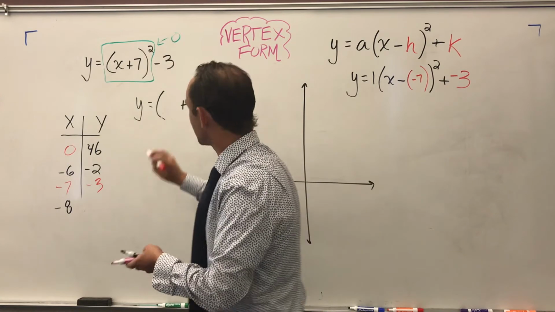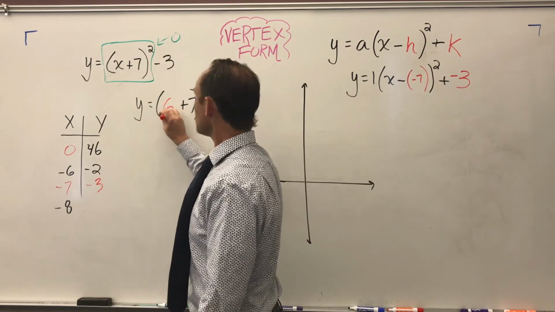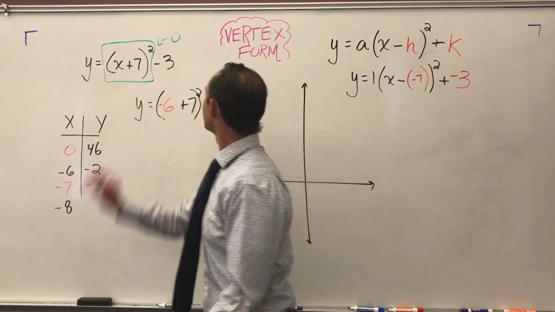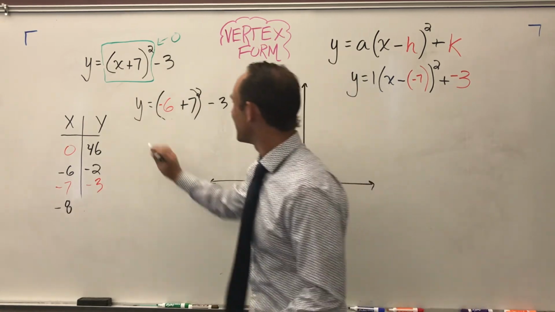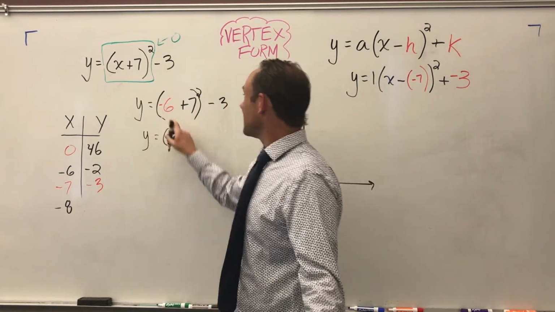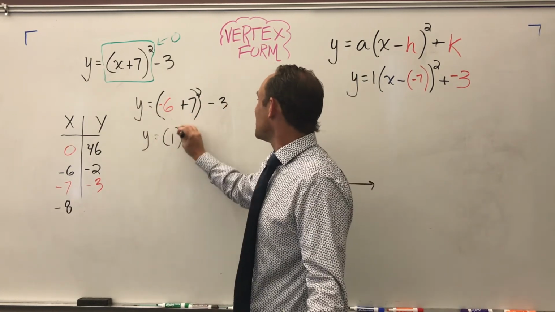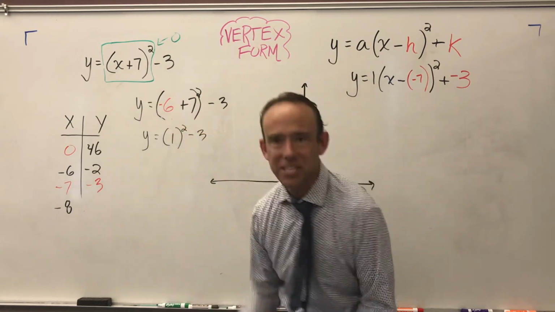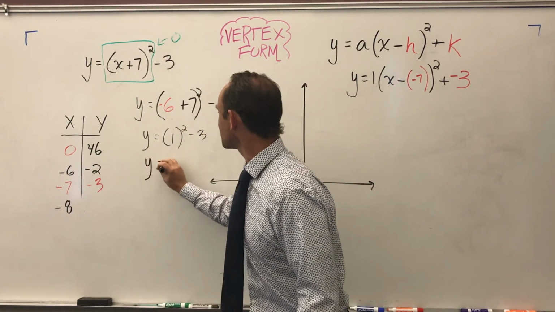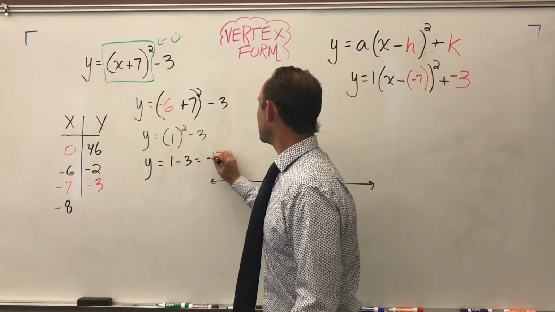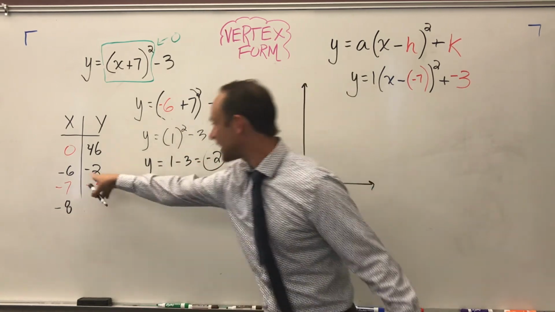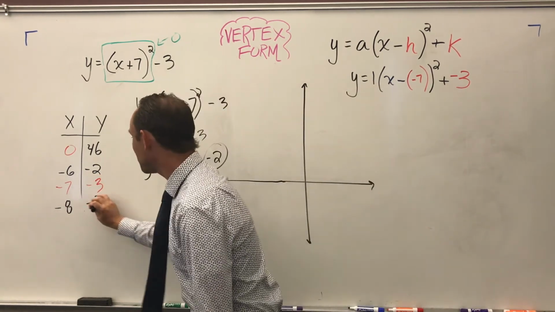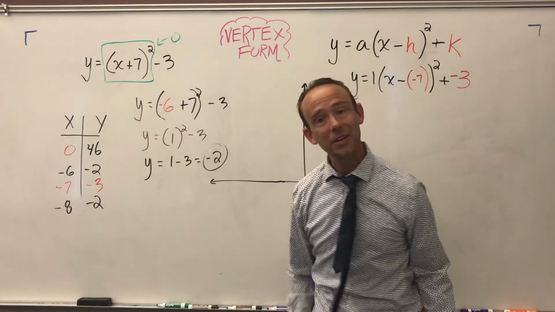Because look, I could plug in minus 6, and then minus 6 plus 7 is 1. You see where I'm going now. 1 minus 3, negative 2. That's right there. Now I take advantage of symmetry. That point is right there.